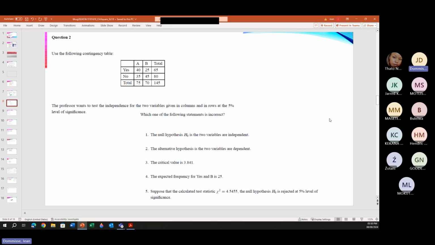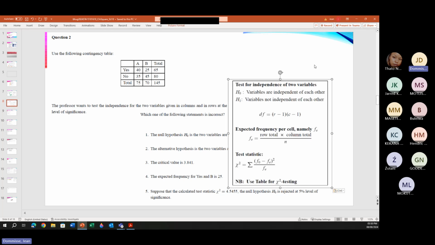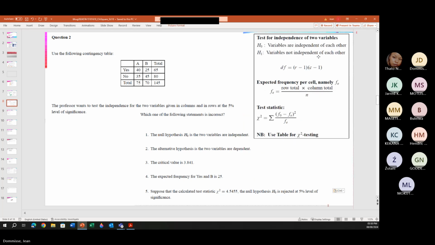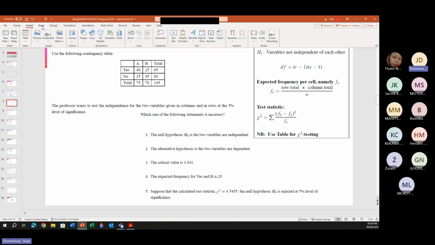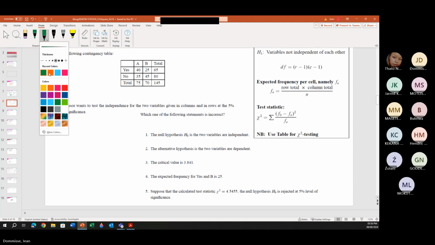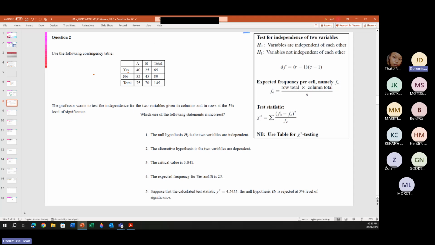Let's add this information and then let's see what they were asking in this question. You can see they're giving us the contingency table.